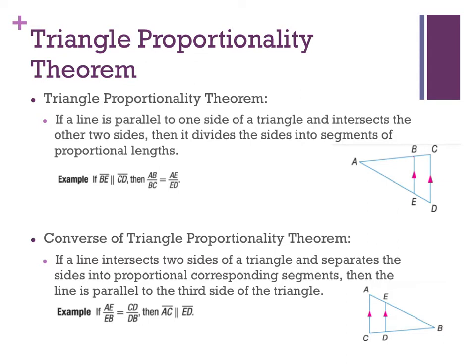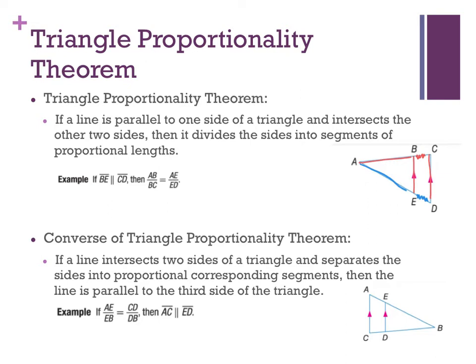All right, so what this one is saying is that once you have parallel lines in a triangle, so you have a line that intersects both sides of the triangle and it is parallel to the base, that means that this piece and this piece are proportionate to this piece and this piece, which is slightly different than what we've been doing so far.